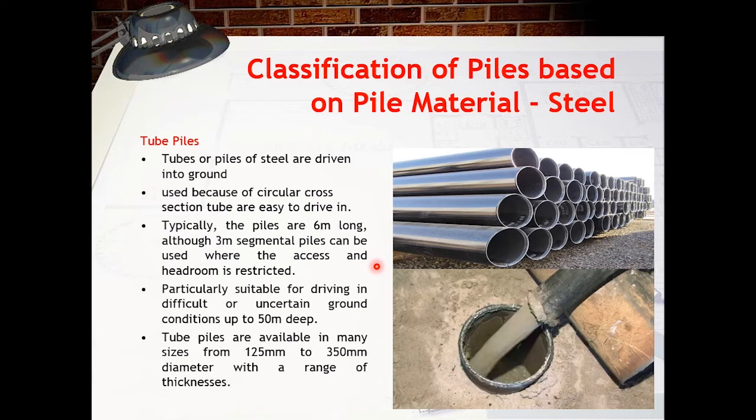Particularly suitable for driving in difficult or uncertain ground condition up to 50 meters deep. Tube piles are available in many sizes from 125 mm to 350 mm diameter with a range of thickness. Jadi tube piles ni ada macam-macam jenis. Kita pun panggil juga tube piles ni as pipe piles. Sama je.